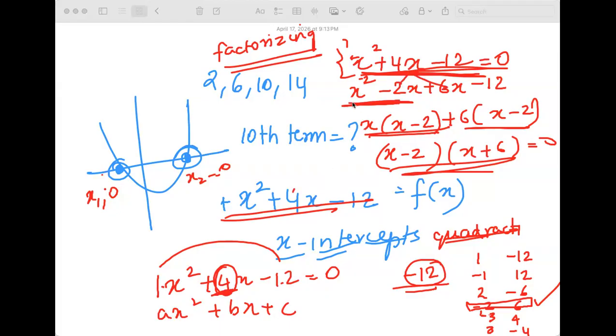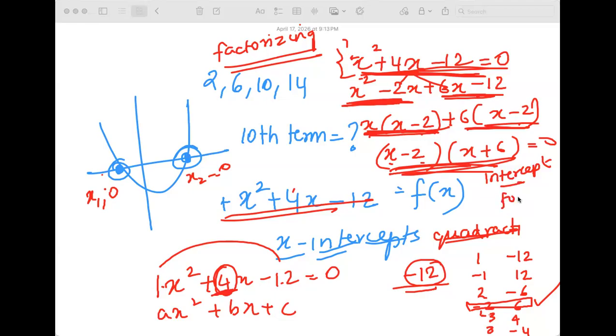I grouped these two terms and these two terms, took out what is common, then took out x minus 2 and wrote x plus 6. Makes sense? So x minus 2 times x plus 6 is the factorized form of the quadratic function. This is also called the intercept form.